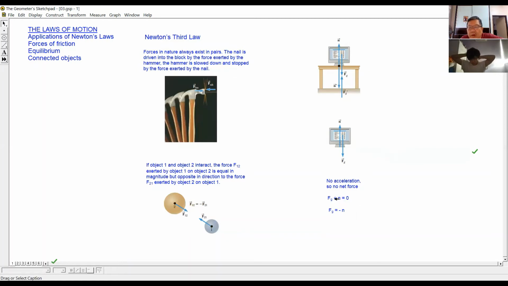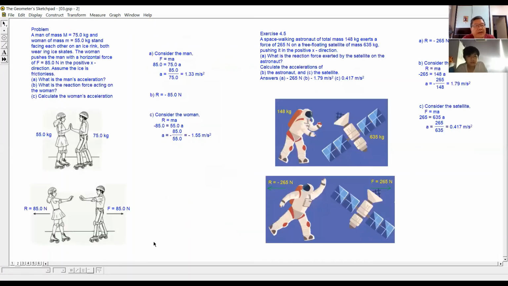So when you move the N over to the other side, Fg equals negative N. It means the force is in the opposite direction to the normal reaction, and they are equal in magnitude, meaning the size of the force is the same. This one is quite simple. The upward force and downward force are the same. The weight and the normal reaction are the same. So we look at the next one.